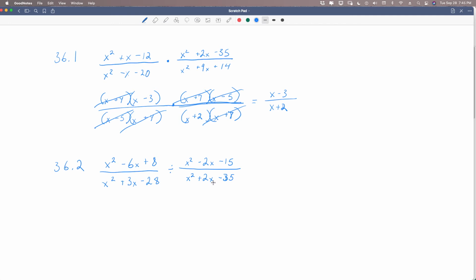Now remember, keep it, change it, flip it. Factor it first, then do keep it, change it, flip it. Then see if you can eliminate something after you flip the top to the bottom and the bottom to the top. All right, so I am going to let you pause the video now and solve the problem.